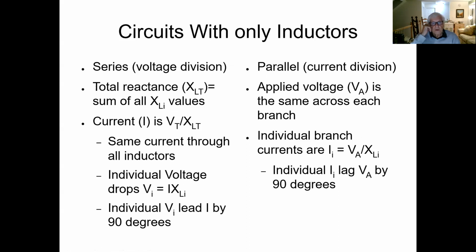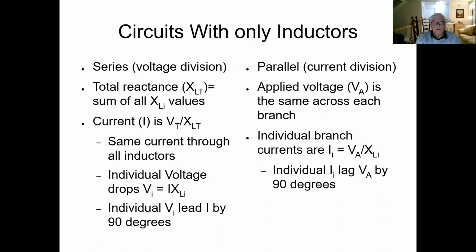But if we have circuits with only inductors, in the case of a series circuit, we get voltage division. Total reactance is XLT, which is basically the sum of all inductive reactances.